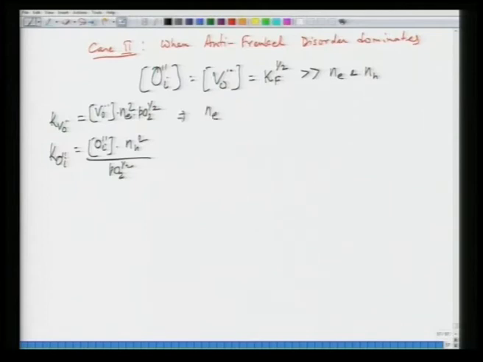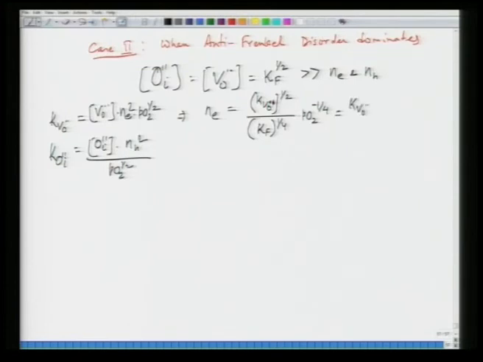As a result, Ne will be equal to KVO to the power half divided by concentration of VO, which is Kf to the power half, and this will become Kf to the power 1 by 4, and PO to the power minus 1 by 4. So, this becomes KVO to the power half divided by Kf to the power 1 by 4.